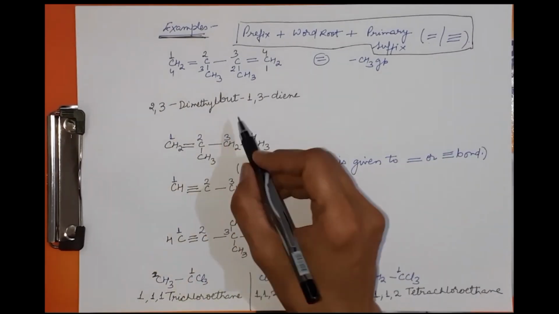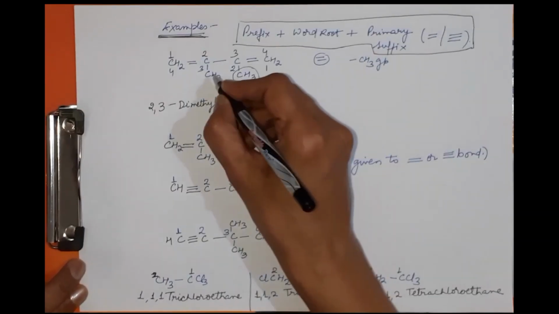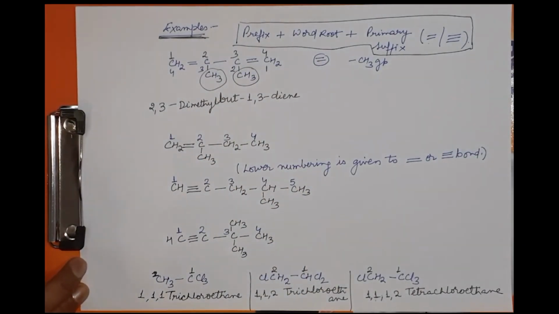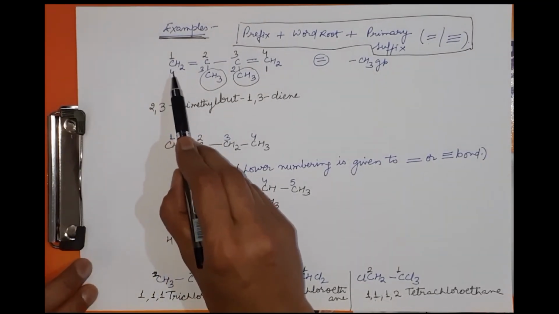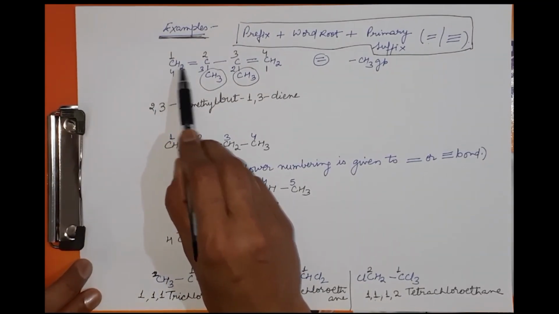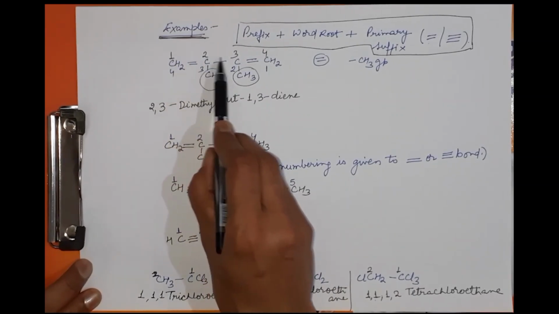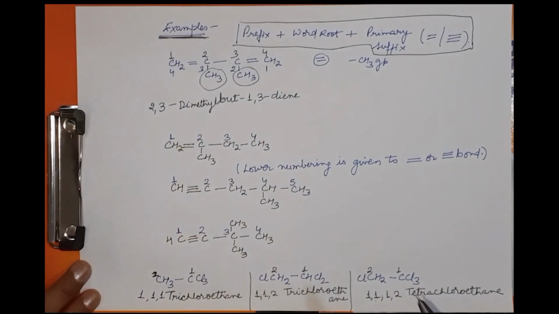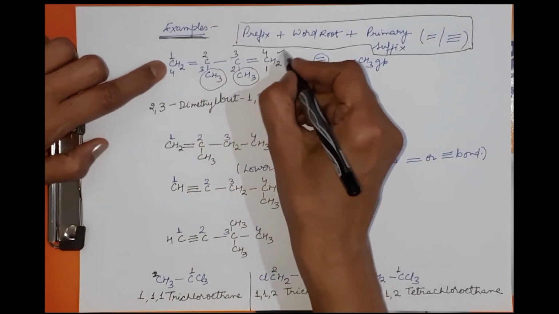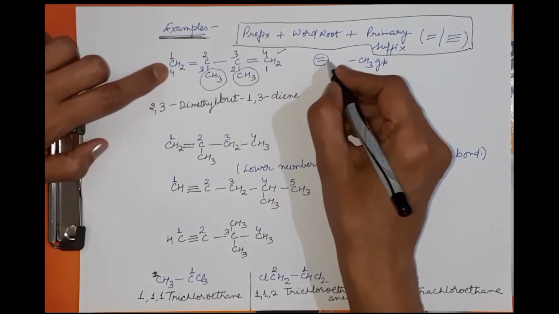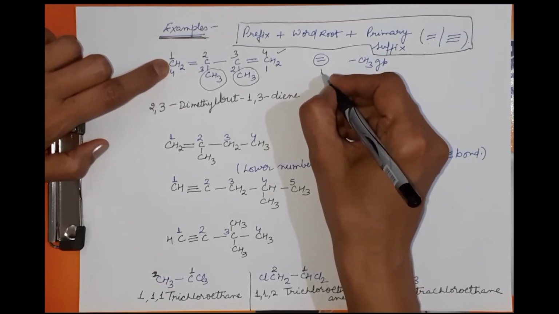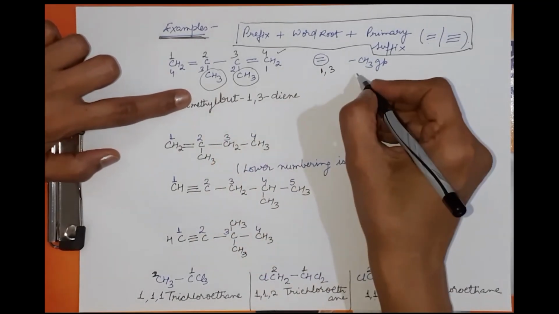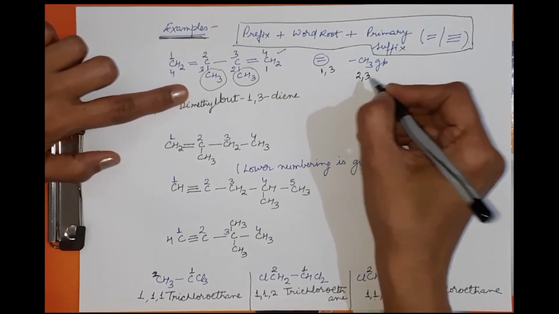In this case, the side chain is also there and a double bond is also there. If we go numbering the carbon atoms from left to right, then 1, 2, 3, 4. According to this, the double bonds get the positions 1 and 3, and the methyl groups get the positions 2 and 3.